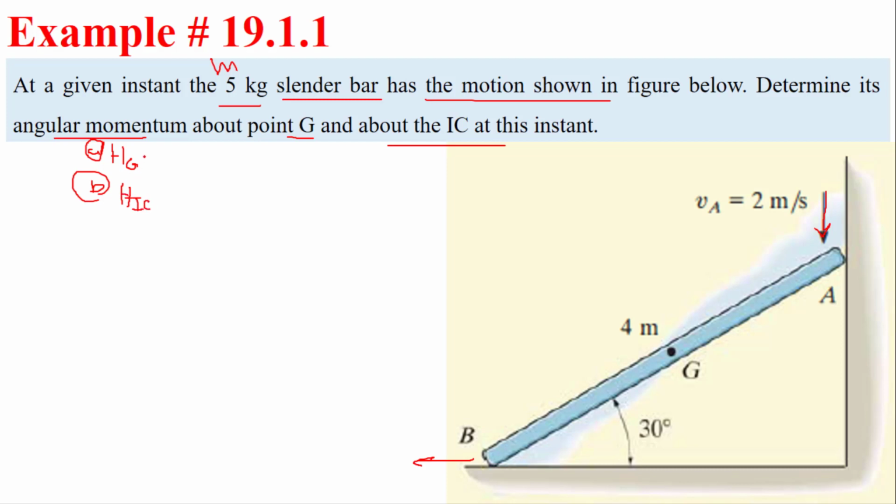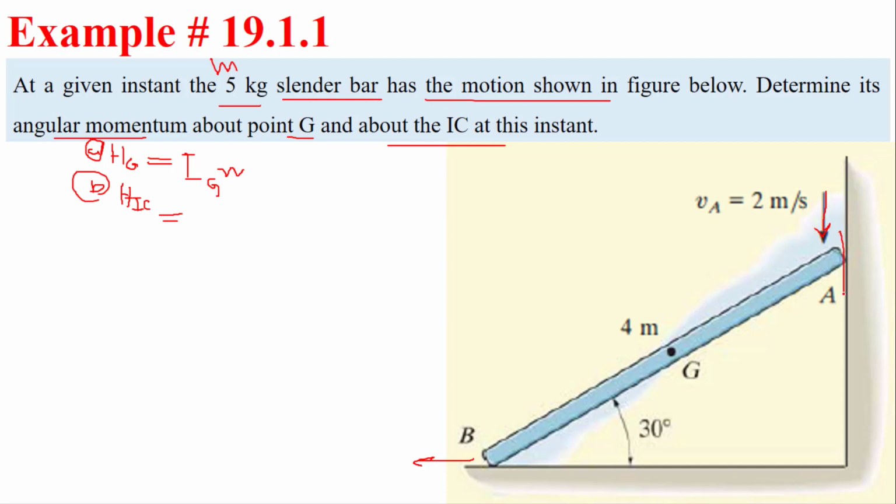Okay, and you know very well that if we need to find H about centroid, then this is equal to IG multiplied by omega. And if I need to find it about IC, where is IC by the way? So this end moves downward.